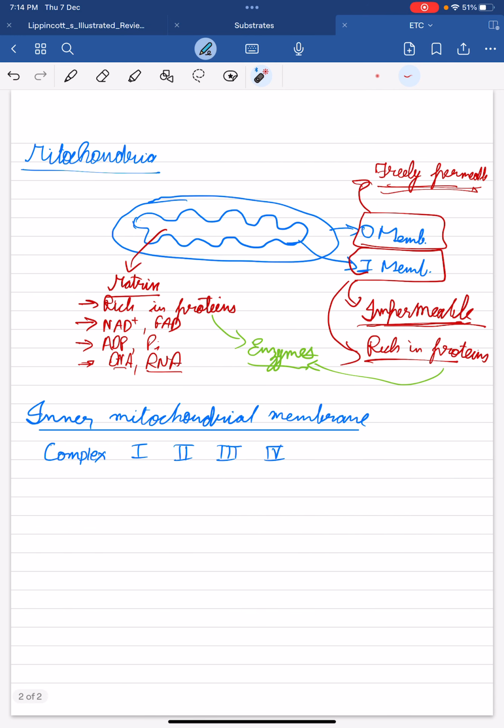So the electrons go from these complexes further and ultimately to oxygen, and this change happens through some mobile electron carriers. What are these? We'll see.